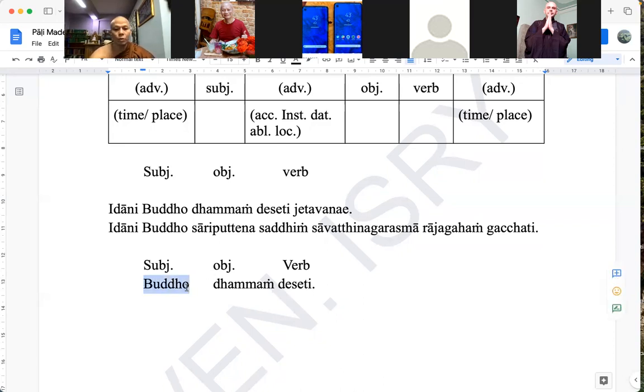That Bodo can also be modified by any other word, so at that time the subject can be longer. For example, Arahan Bodo: the Buddha, the enlightened one who is worthy.